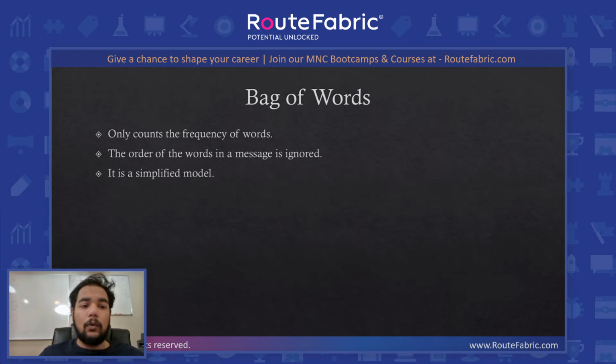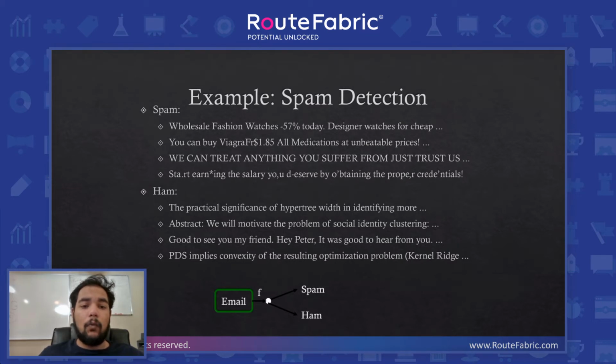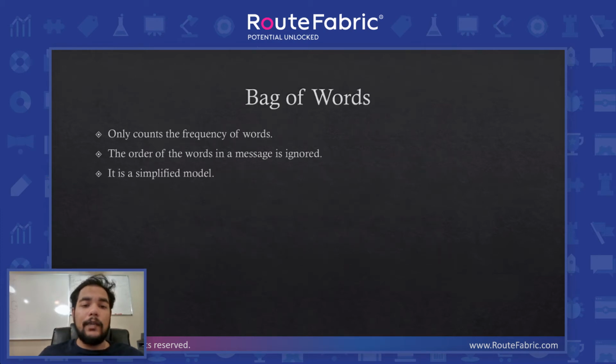Bag of words only counts the frequency of the occurrence of the words. If there is high frequency of occurrence of words such as cheap, 50% today, dollar, money, unbeatable price, or capitalization of words, then we say that it has a high likelihood of being spam.